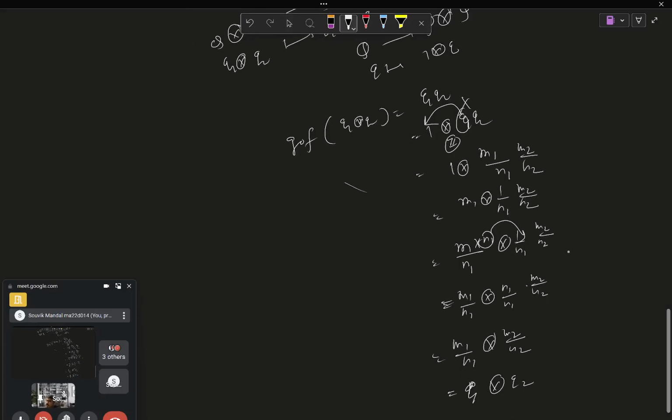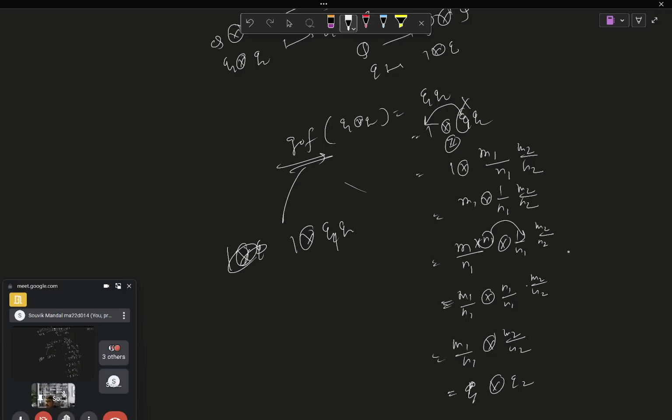In the reverse direction from Q tensor Q to Q, there was the obvious map q1 tensor q2 goes to q1 q2 into G. Basically, this is nothing but 1 tensor q1 q2.